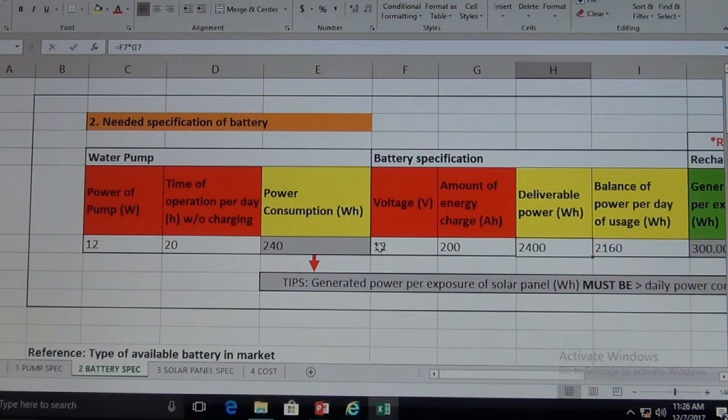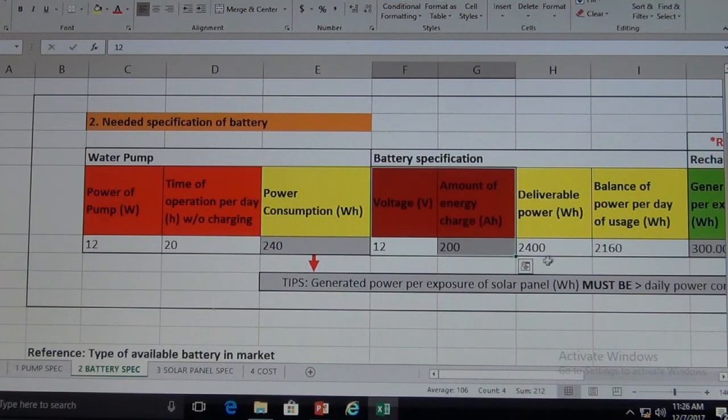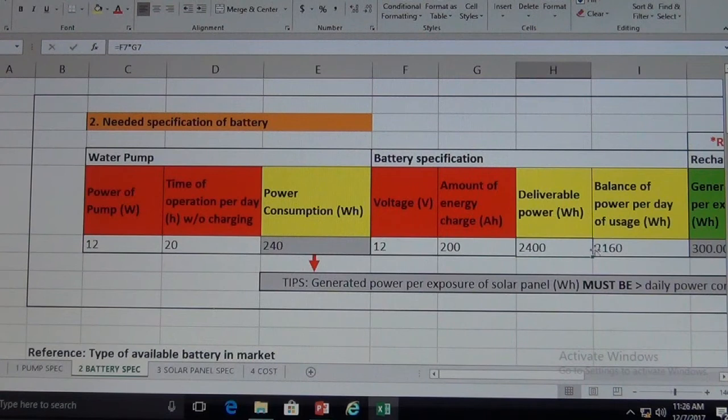Now refer to the power consumption again. We need 240, and if we use this type of battery, we can deliver 2,400. Is that good? That is good, because after 1 day of usage, you still have 2,160 watt hour. There is still energy left in your battery.